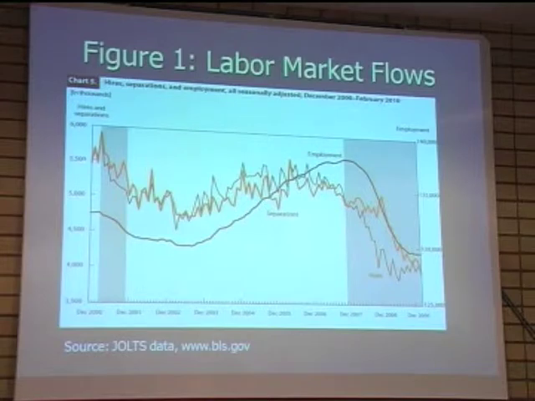Just to look at the numbers, these are in thousands, so this is 5.5 million people at the beginning, and then the hiring flow got almost back up to 5.5 million a month after the recession. This is the recession of 2001, and this is the Great Recession over here. That's the gray area, the NBER designation of recessions.